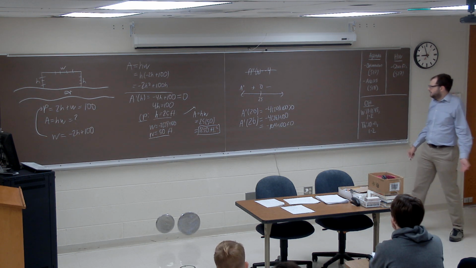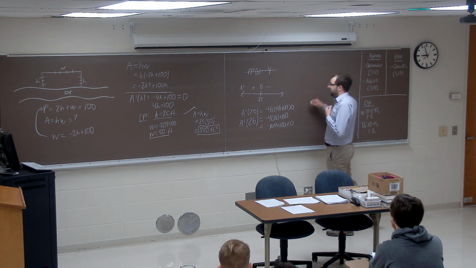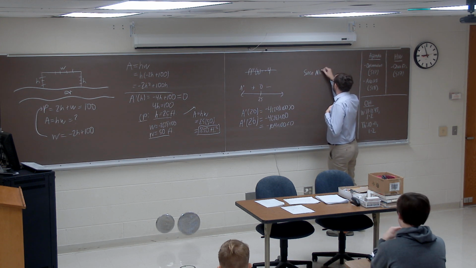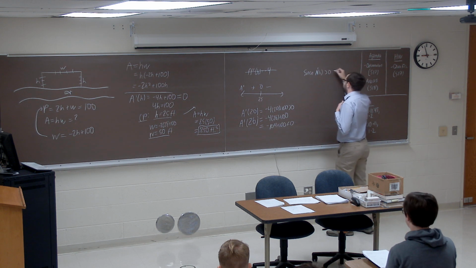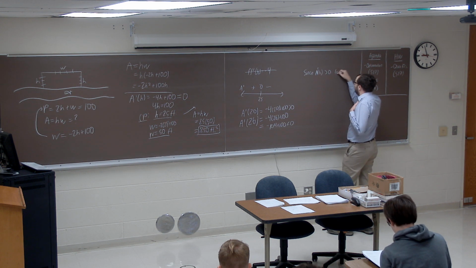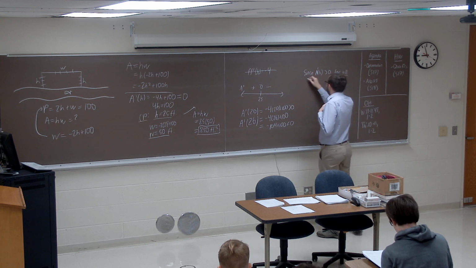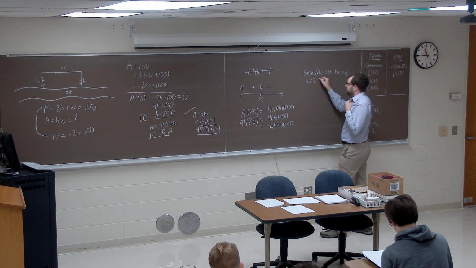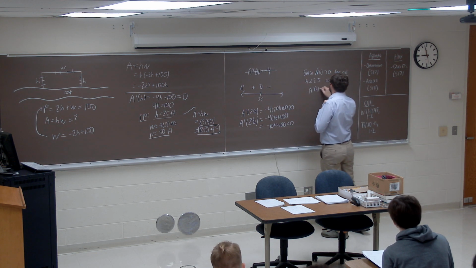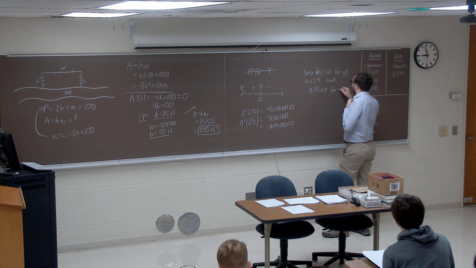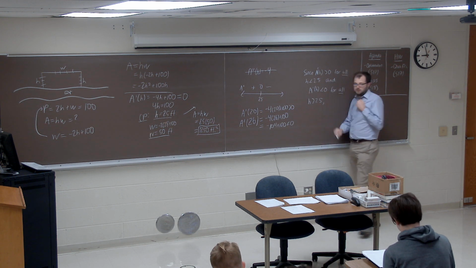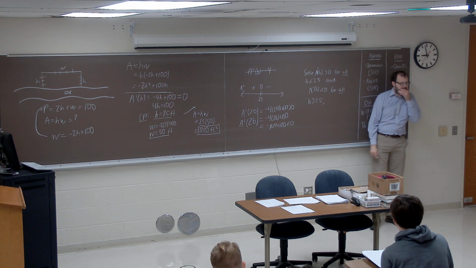So what does that tell us? Well, I would say it's going to tell us that since A prime of h is positive for all h less than 25, and A prime of h is negative for all values h greater than 25, what does that tell us about A of h?